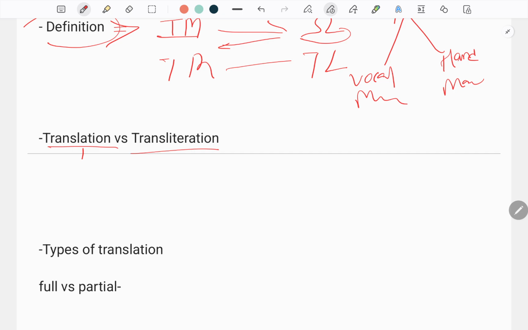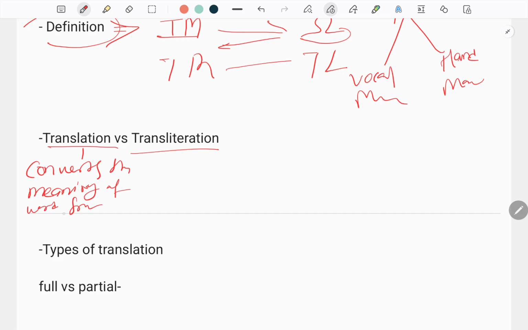Translation converts the meaning of a word from one language to another. Simply, translation converts the meaning of words from one language into another.